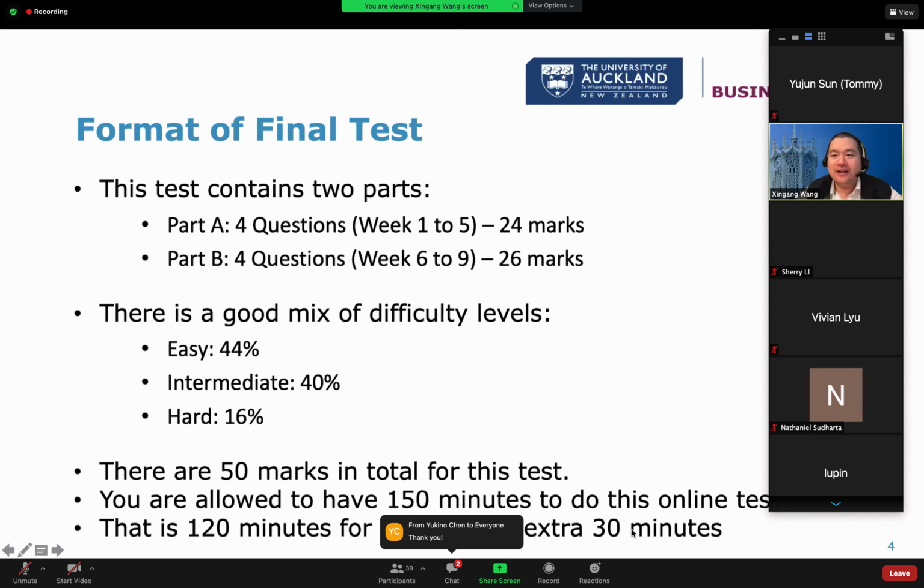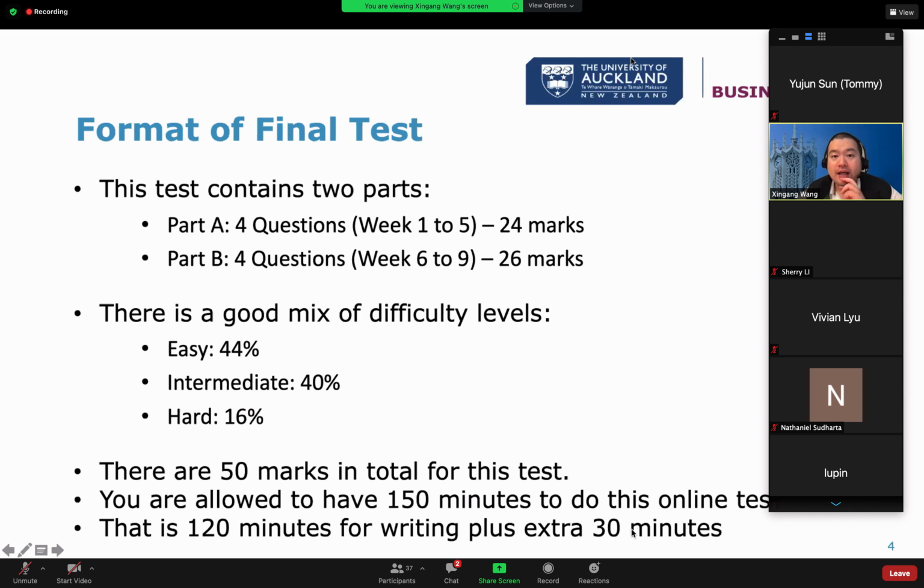So you know that in this case, the reason for me to have a little bit more proportion of intermediate questions is because this is an online test, so technically it is an open book one.